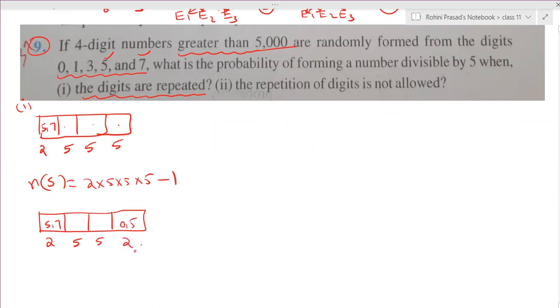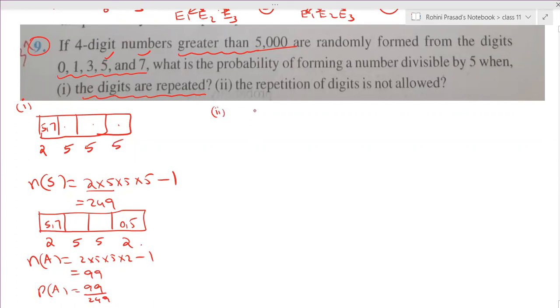So only 2 possibilities. But again, here also 5,000 is added, that should be subtracted. So the n of A is equal to 2 into 5 into 5 into 2 minus 1. So this is 10, and then 5 is 25, 250 minus 1, 249. And this is 10 into 10, 100 minus 1, 99. So the probability of A is equal to 99 by 249.